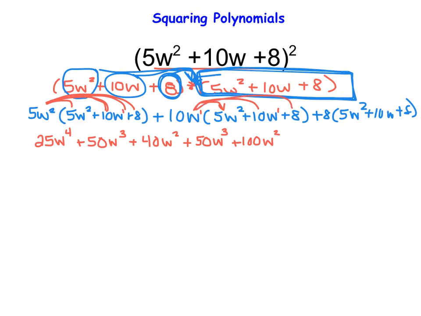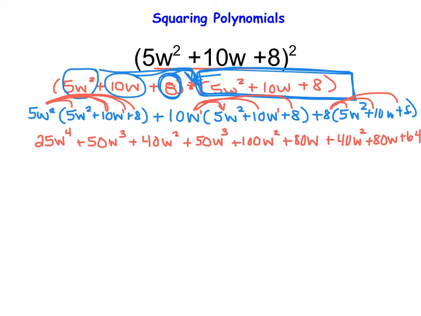Then I have 10 times 8, which is 80, and then tack on the w. And then finally I have 8 times 5, which is 40, then I have w squared. 8 times 10, which is 80, and the w. Then 8 times 8, which is 64.